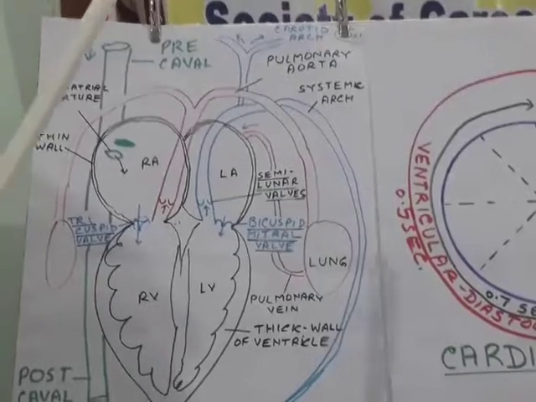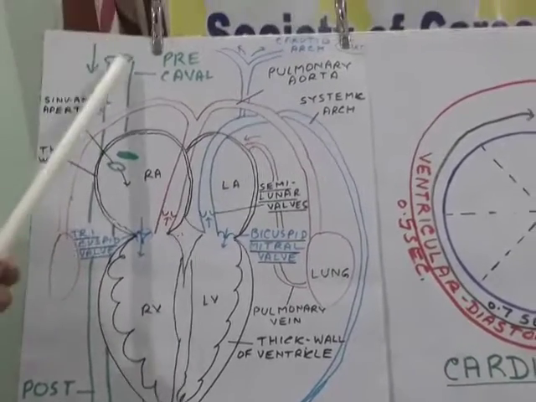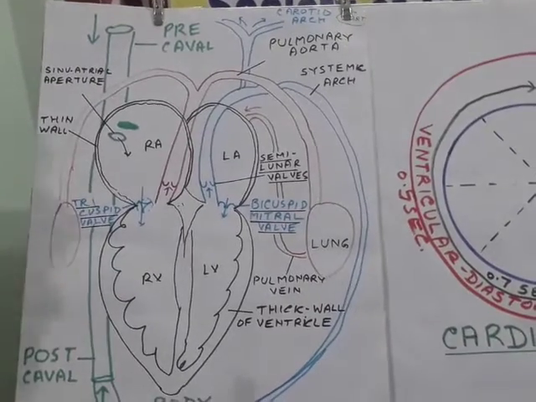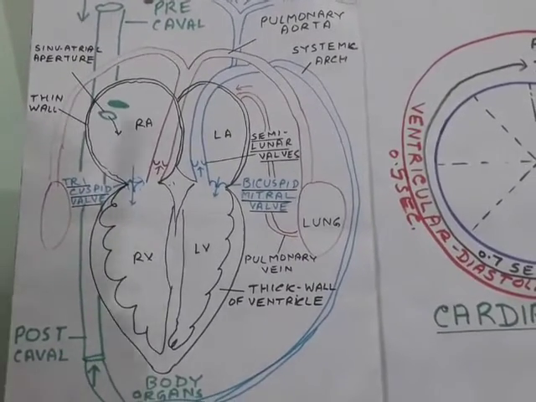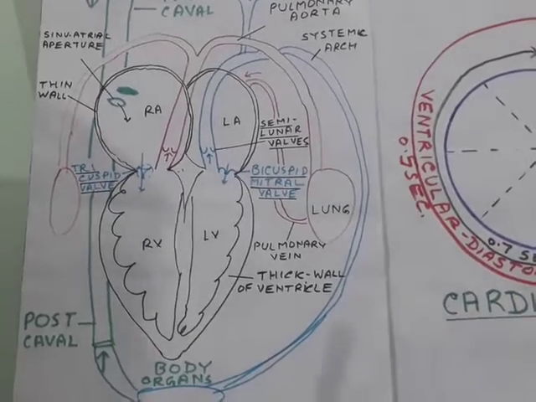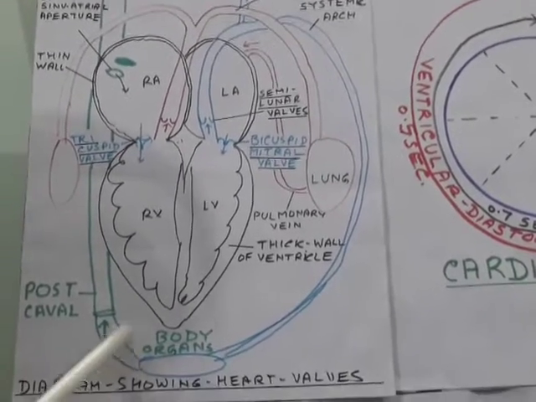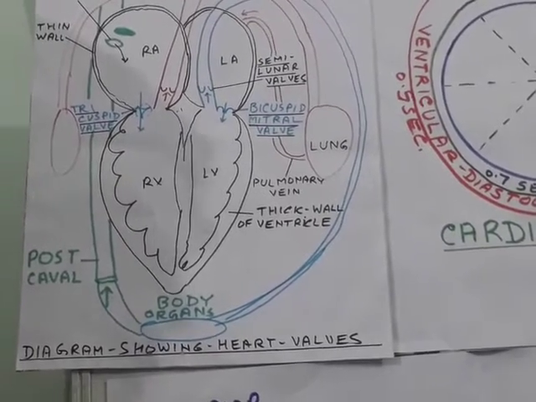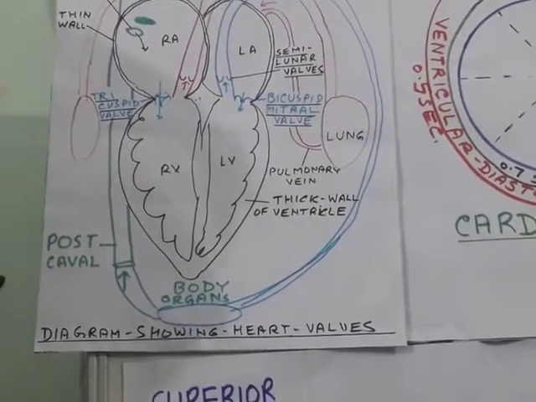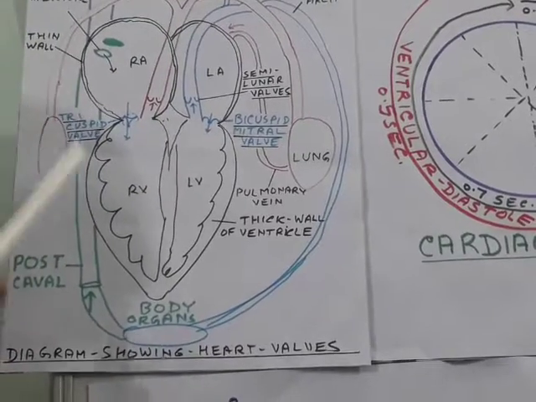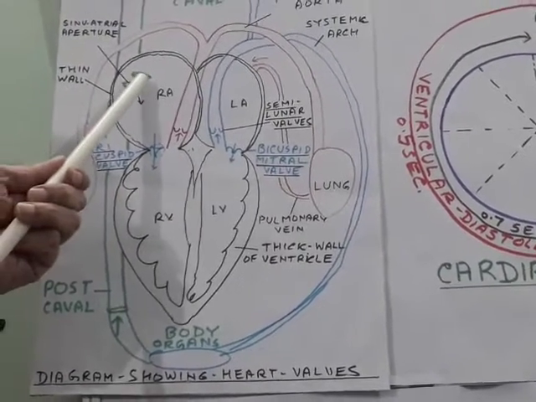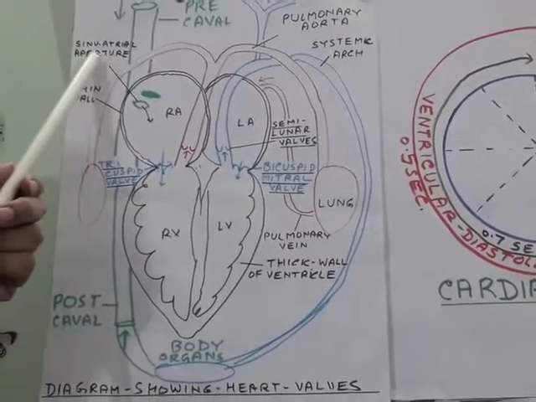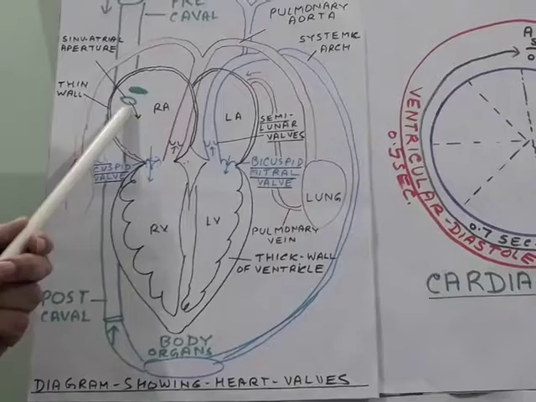There are 2 big veins: one precaval, which brings blood from organs in the anterior region, head, arms, neck, etc., and a postcaval, which brings blood from the posterior or lower parts of our body. Both veins open into the right atrium by an opening called the sinoatrial aperture.